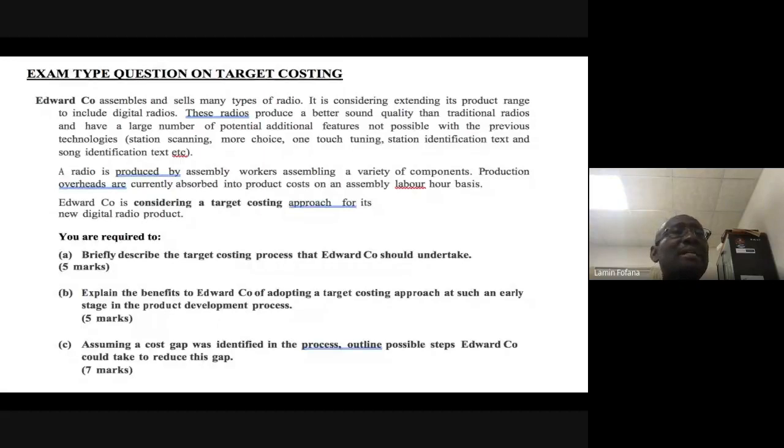They know company A is selling digital radios for 1,500, company B for 1,200, company C for 1,800. So when we produce, we'll use an average of them, let's say we sell at 1,100. Are the products not going to be demanded? Certainly, they will be demanded.